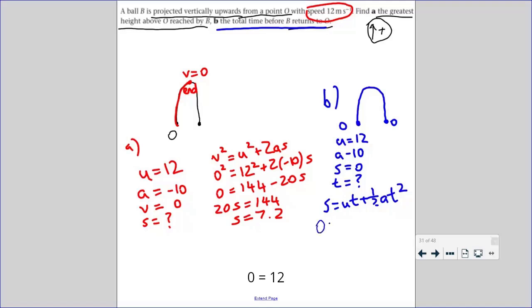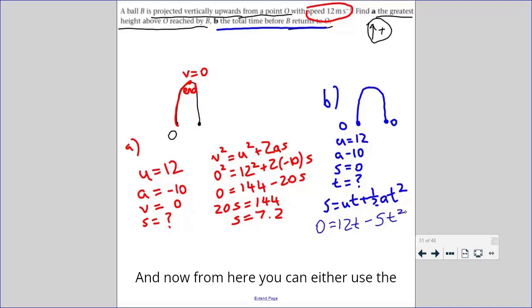So 0 equals 12t. Right, now half a means half of minus 10, which is minus 5. So I will just do that directly. And now from here, you can either use the quadratic formula or factorize it.